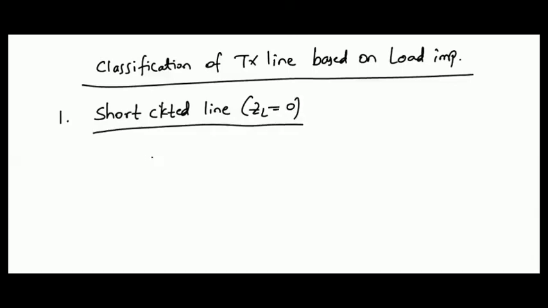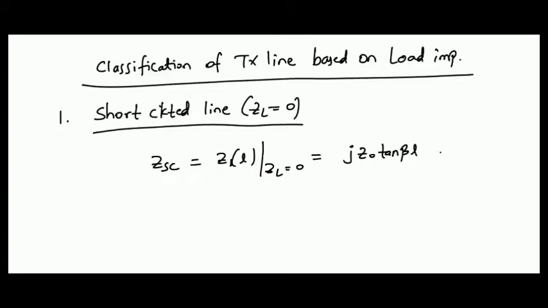In this case, we denote the input impedance as ZSC. So this is Z of L with ZL equal to 0. If you substitute this in the impedance transformation relation, you will get j Z naught tan beta L. So this is important now.